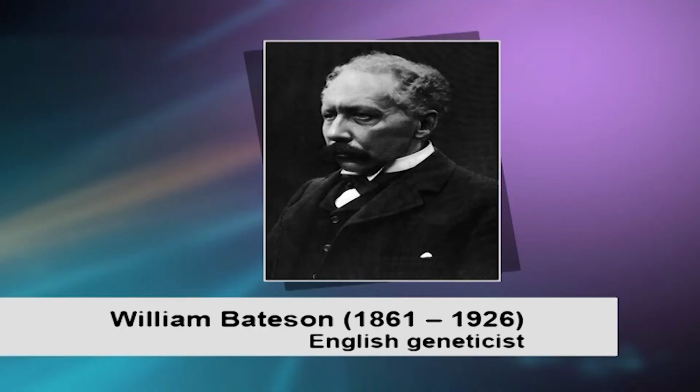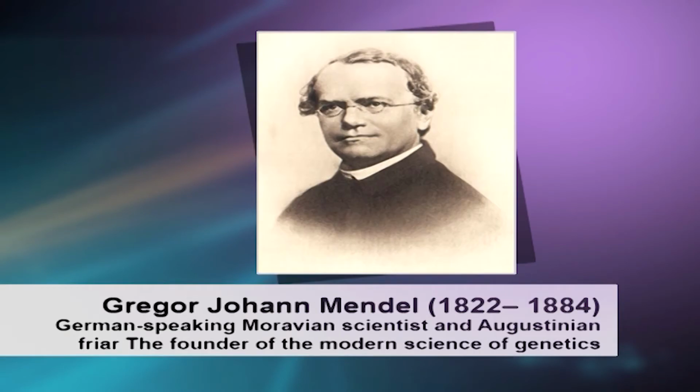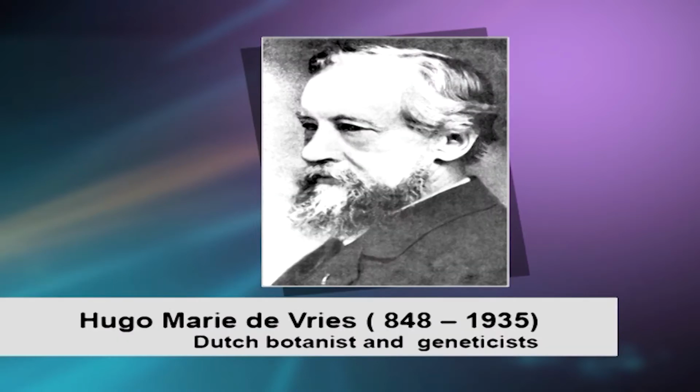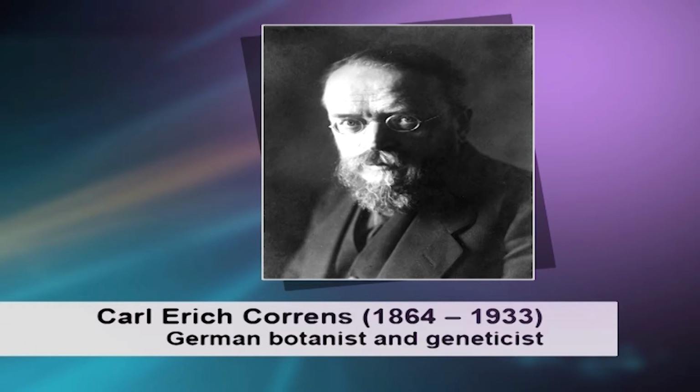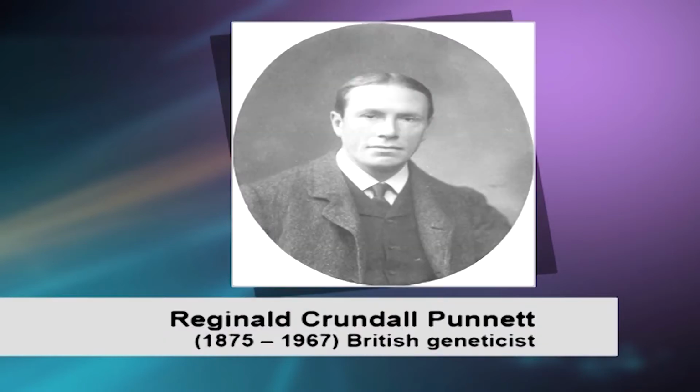Some of the first evidence that a trait can be influenced by more than one gene was obtained by William Bateson, who was famous for the study of heredity and biological inheritance, and also for Gregor Mendel's ideas following the rediscovery in 1900 by Hugo de Vries and Carl Correns, as well as Reginald Punnett, who is the creator of the Punnett square, from breeding experiments with chickens.